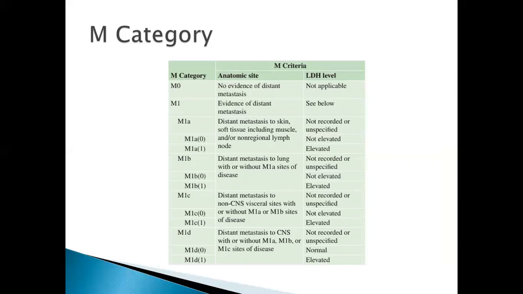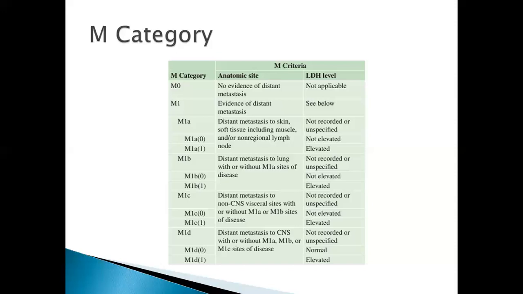So then the M1B is distant mets to the lung, and this can be with or without any of the sites listed in M1A. M1C is distant mets to a non-CNS visceral site. Once again, with or without any site listed in M1A or M1B. M1D is distant mets to the CNS. Usually the CNS is the brain. And this is once again with or without any other site.